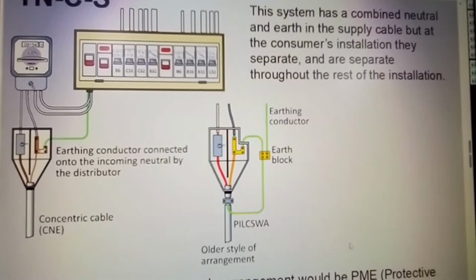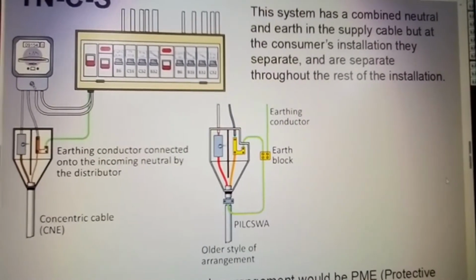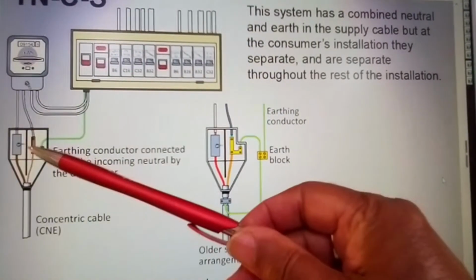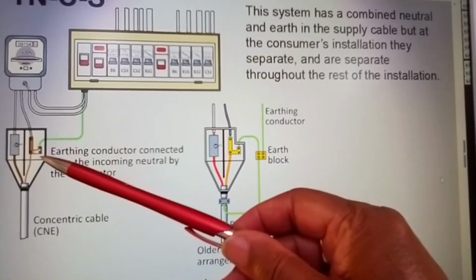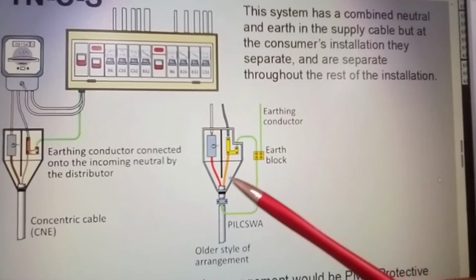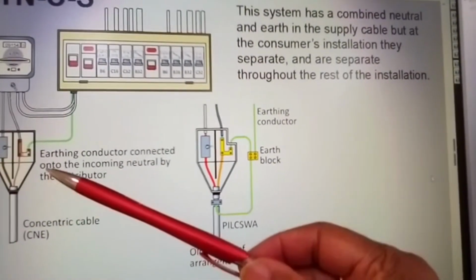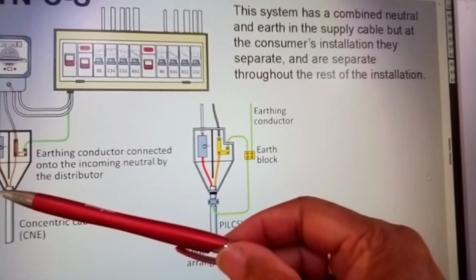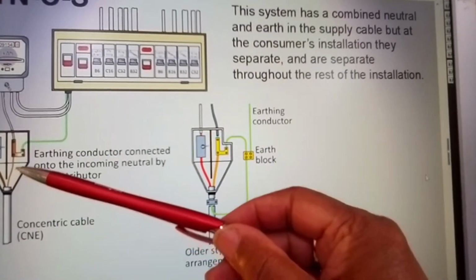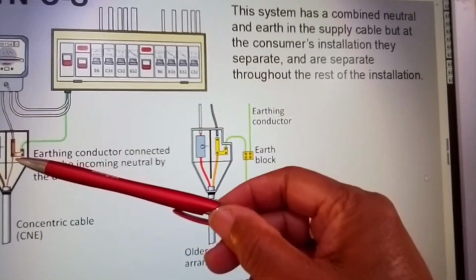And this is what your TN-S system looks like. You'll notice here that your live goes through your meter. It's a solid neutral bar.